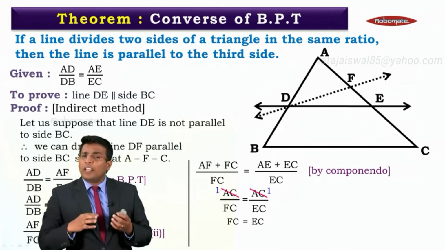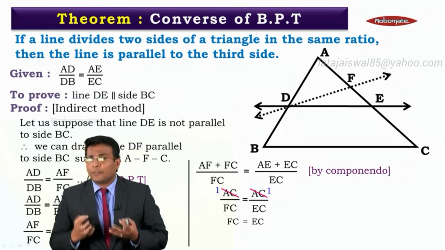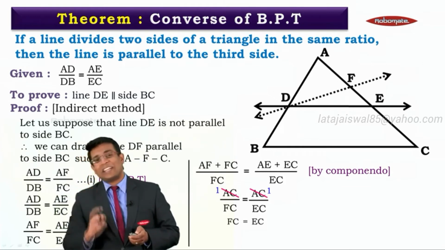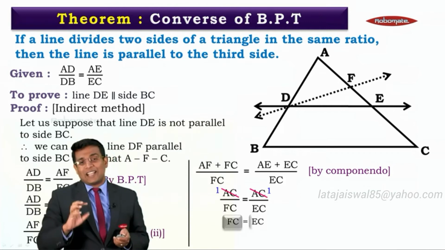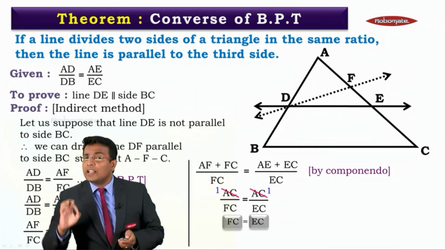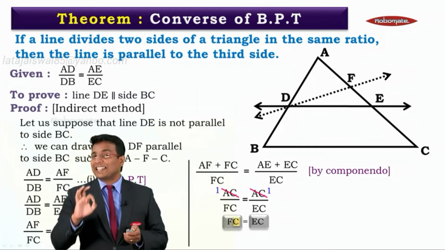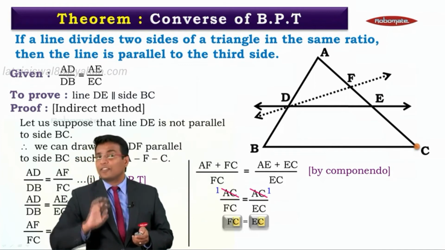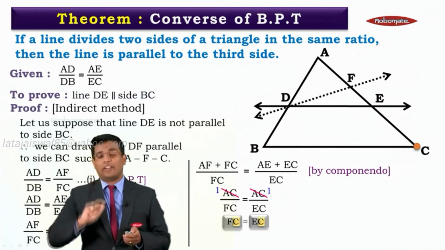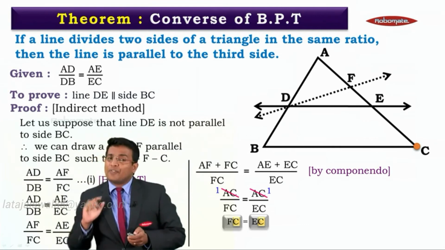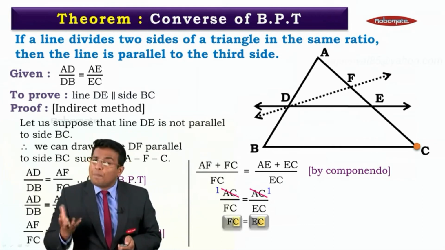Now, let's understand what we can conclude and what we can gather from this. It's very important. Observe very carefully. Now, if you look at this FC and EC which are equal, observe there is a common letter there, that is C, right? So, observe C in the figure. We are talking about the point C which we have. Now, when I say FC, what do I mean by that?